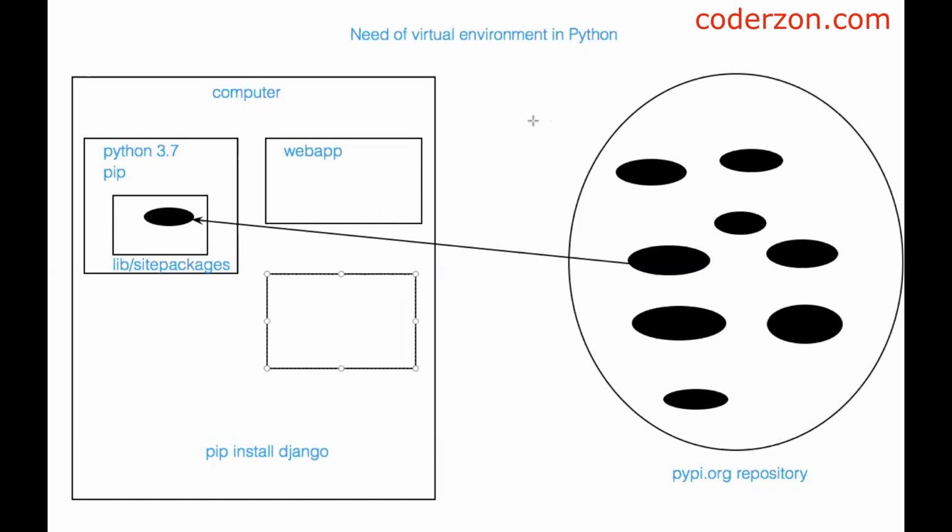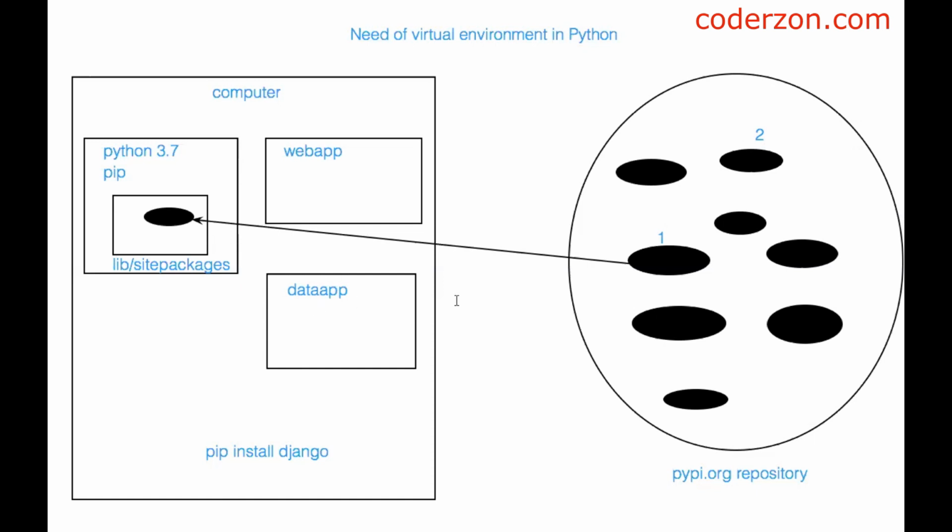So here I'm creating another app called data app. So in my computer, I have two projects. Imagine that in this project, I want to use the same library but a different version. For this project, I have used this library, maybe version 1, and there is a latest release, version 2, that I want to use for this project.